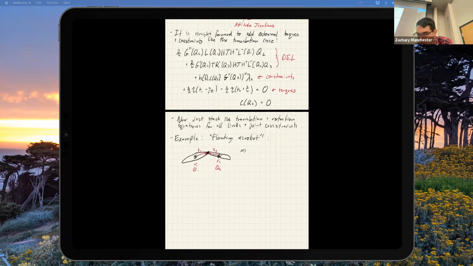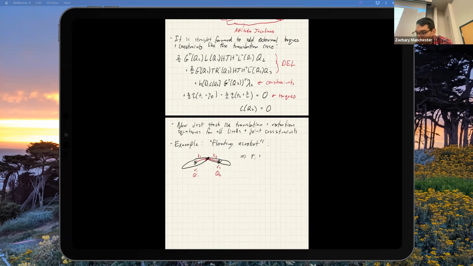That one's easy. I just say R1, the inertial position of link one, plus a forward kinematics type thing from the CG of this link to the joint. So that's going to look like this. I have to rotate this from the body frame into the inertial frame and add it on.